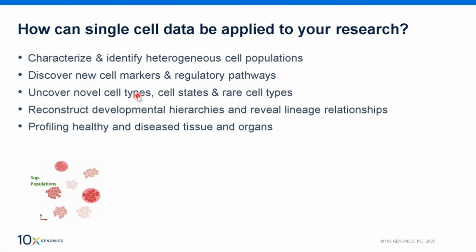Because we have the gene expression data, we can discover new cell markers and regulatory pathways. We can uncover novel cell types and rare cell types because of the clustering. We can reconstruct developmental hierarchies, reveal lineage relationships, and profile healthy and diseased tissues and organs.